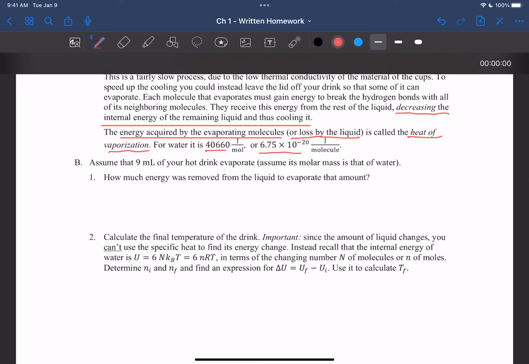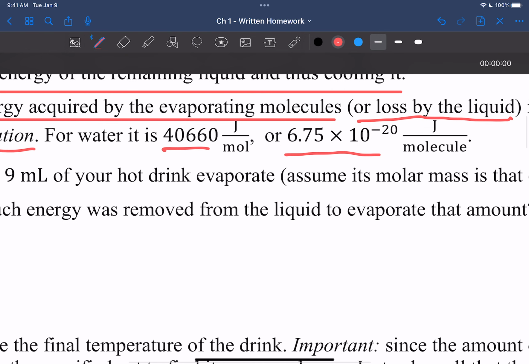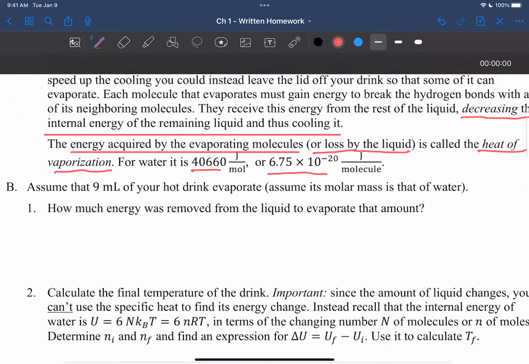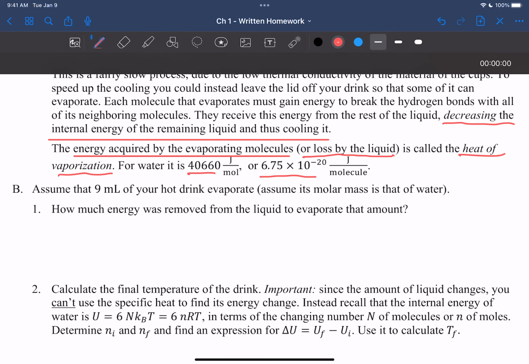It makes sense too, because if you look at the units, it's joules per mole, joules per molecule. There's no Kelvin or Celsius, right? It doesn't factor in change in temperature. So I believe it's just the energy required to switch phases from liquid to gas or gas to liquid. That's why it says the energy acquired by evaporating molecules or lost by the liquid.